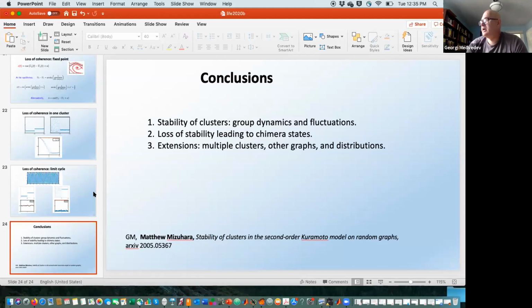Well, you don't have to view this model as having a meaningful interpretation only through neurons. We are dealing with a second order oscillator.